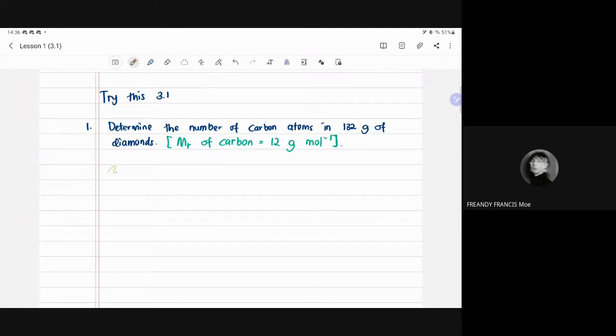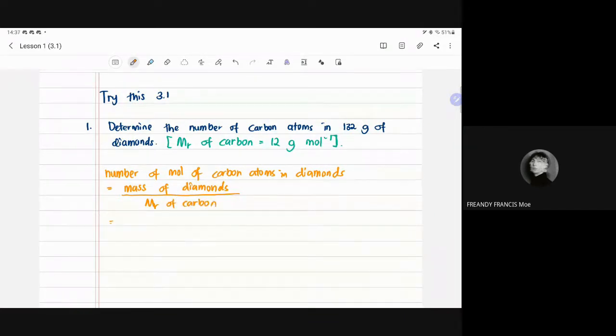So the number of mole of carbon atoms in diamonds is equals to mass of diamonds divide by MR of carbon.